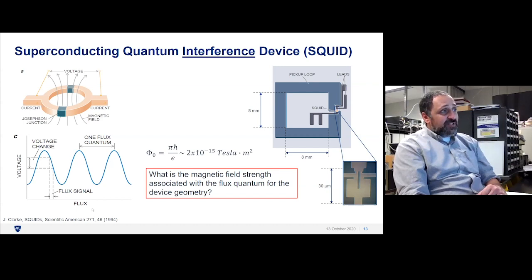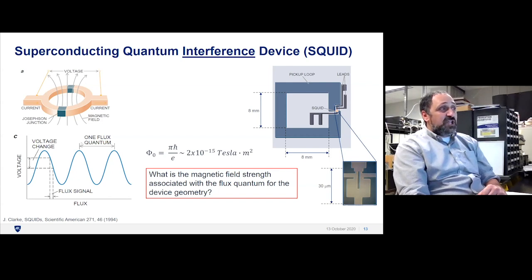The period of it as a function of magnetic flux or B field is 1 flux quantum, which is about 2 times 10 to the minus 15 Tesla per meter squared. So the bigger your area, you would divide this by the area to see the field you're sensitive to. The bigger your area, the smaller fields you're sensitive to.